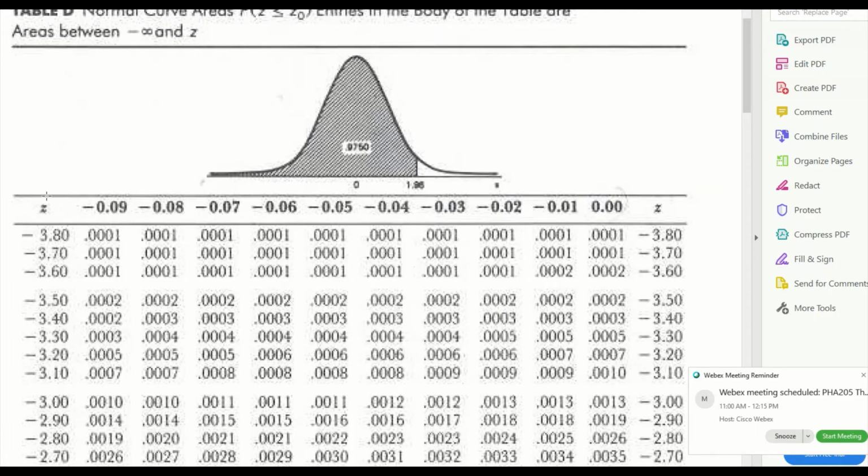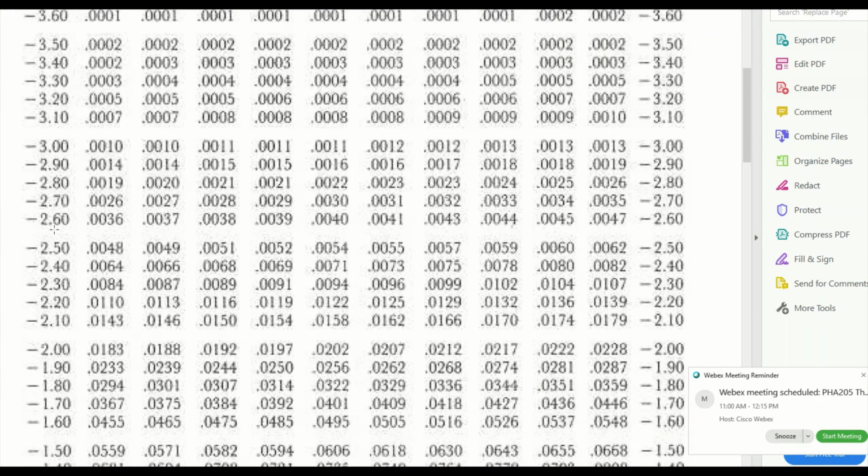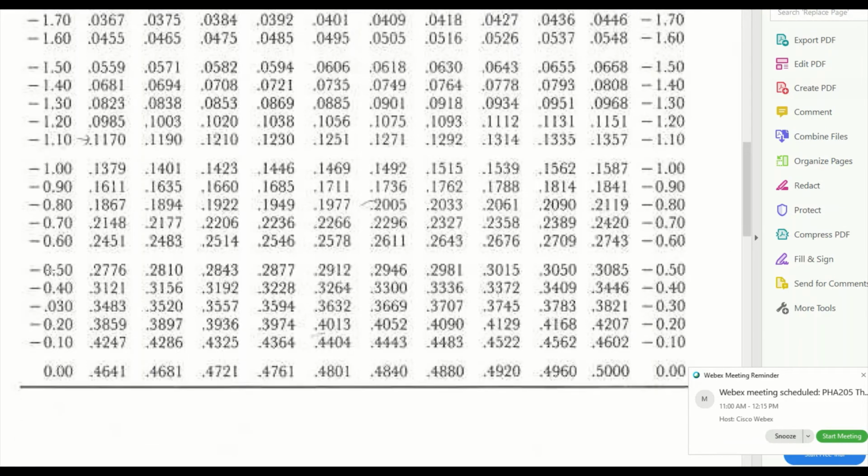And the first column and the last column are just repetitive, so if it's easier for you to look at this one or that one, it doesn't matter. As I told you, you have 10 probabilities inside: 1, 2, 3, 4, 5, 6, 7, 8, 9, 10. And then the Z grows from negative 3.8 to negative 3.7, and so on, till you reach the last row, which is the 0.